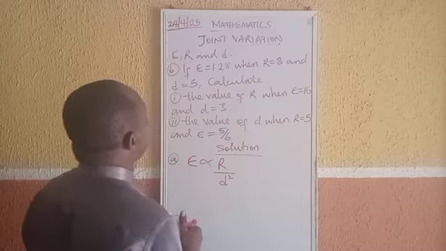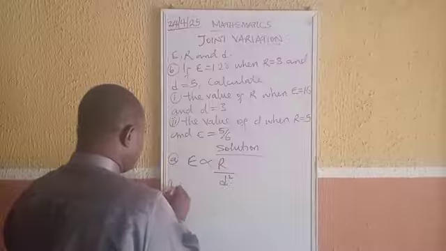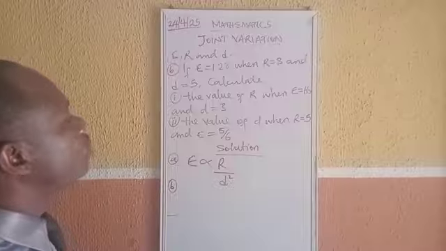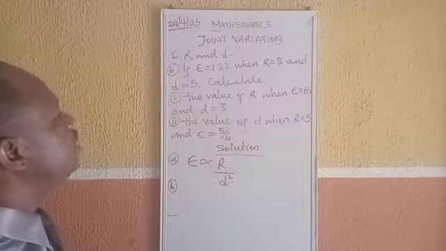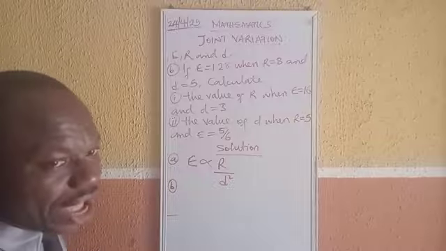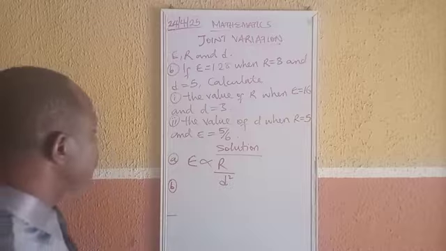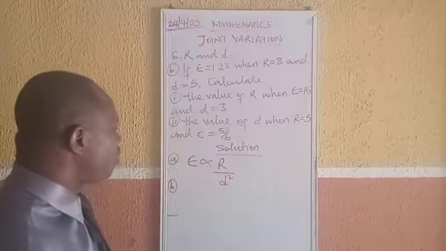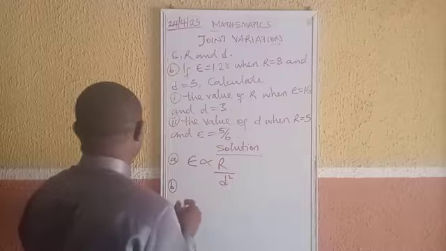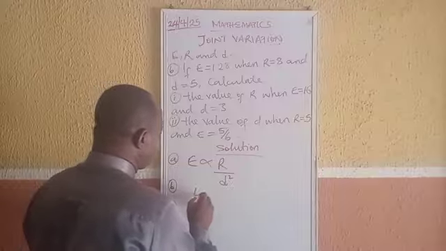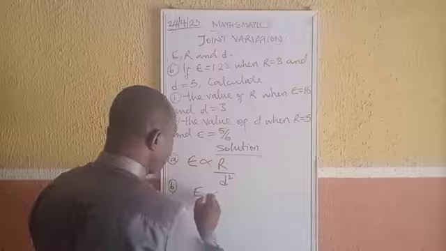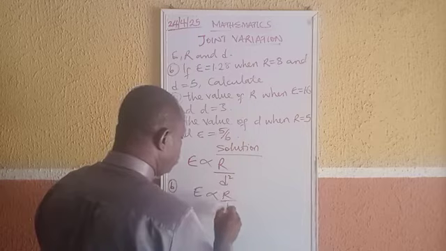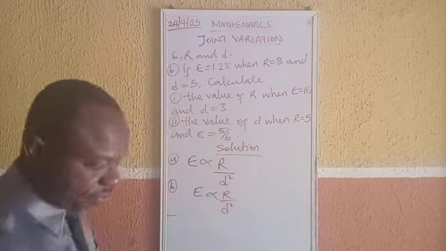B says if E is 1.28 when R equals 8 and D equals 5, we have not obtained the law of variation. That means we have to introduce our constant K, then find the law of variation. So we have that E is proportional to R over D squared.